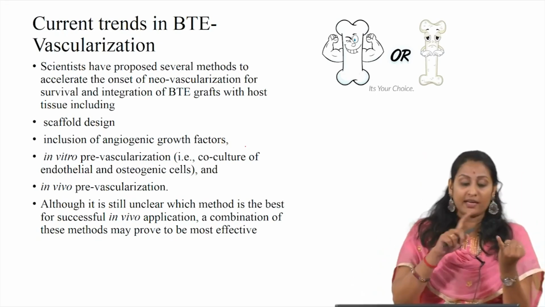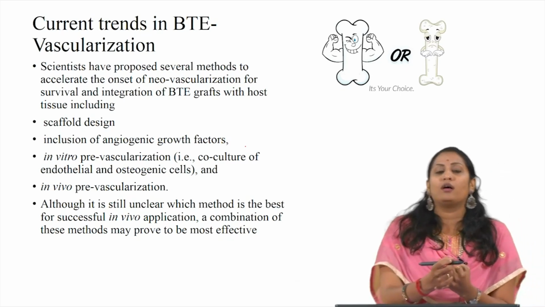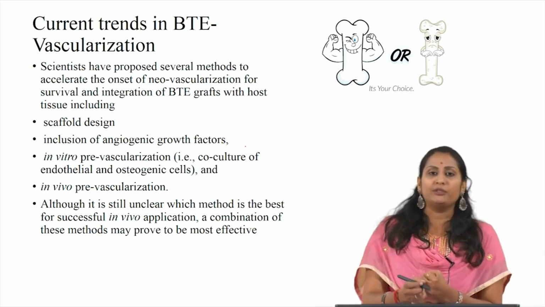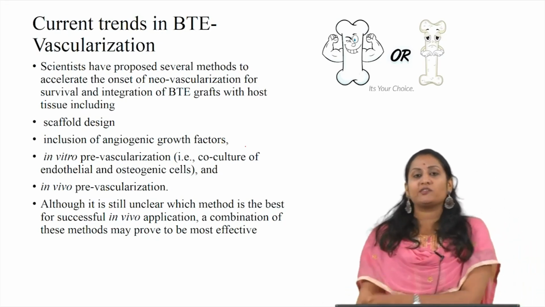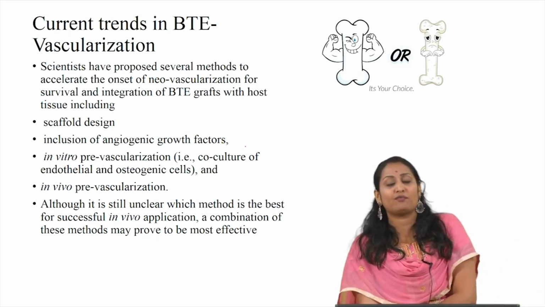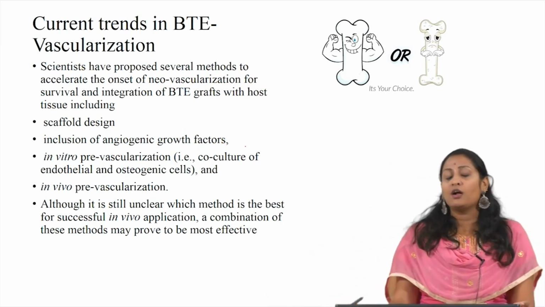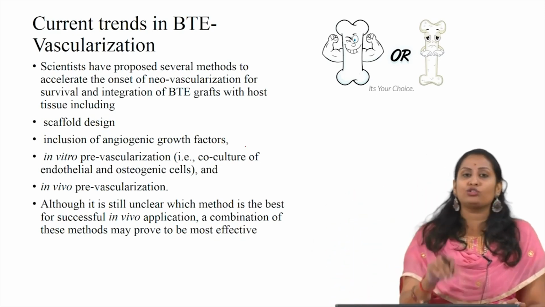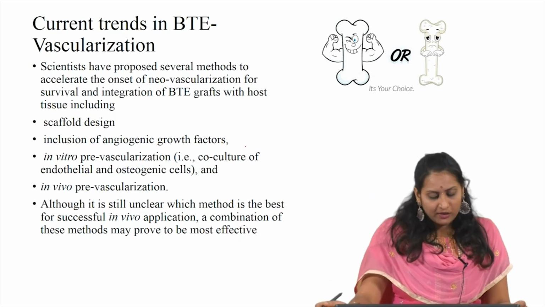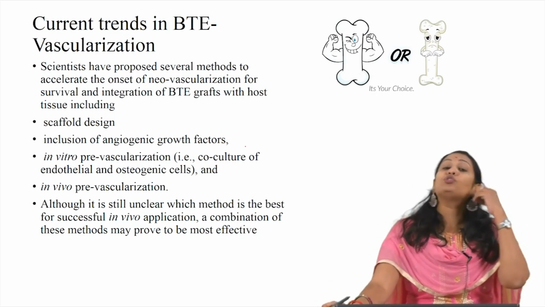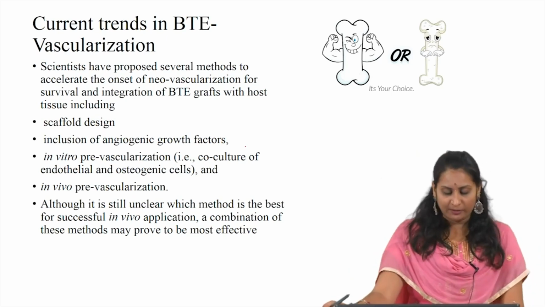In scaffold design itself, they have changed many fabrication techniques, where they have started doing 3D printing, where we have seen a few examples of first generation and second generation scaffolds, biomimetic scaffolds, which are nothing but 3D printed scaffolds made by fused deposition modeling, and inclusion of angiogenic growth factors for the enhancement of endothelial cells. And there are two techniques: in vitro pre-vascularization and in vivo pre-vascularization.